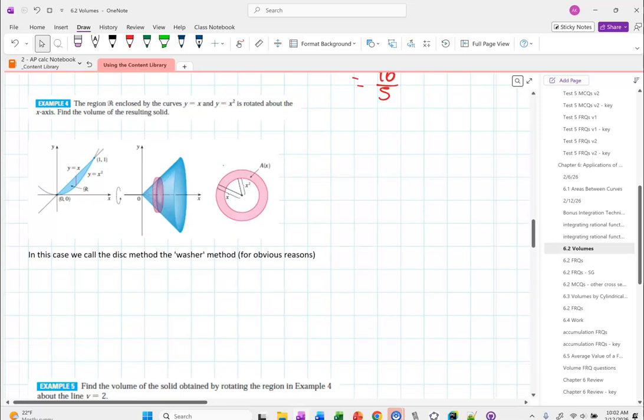So let's say we have the region R enclosed by the curves y equals x, that's the straight line, and y equals x squared. And then we're going to rotate that along the x-axis. Now imagine if I rotate this along the x-axis, I'm going to have a hole in the middle of this figure.